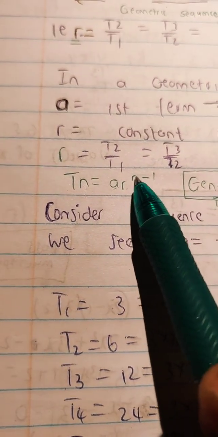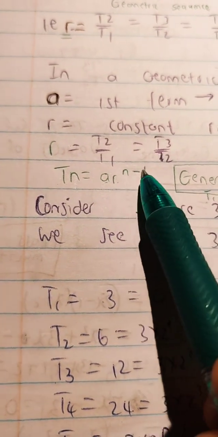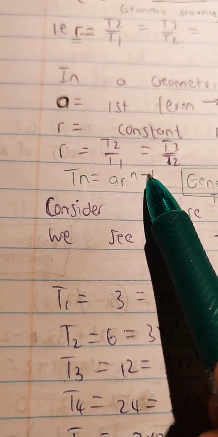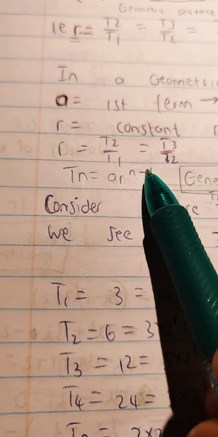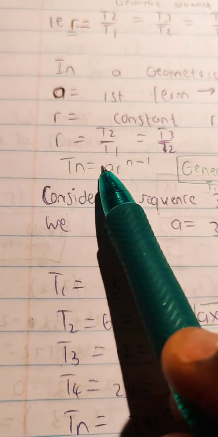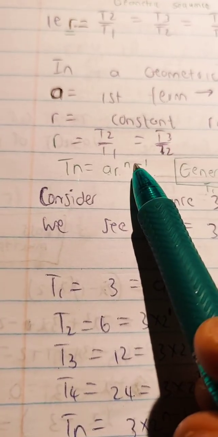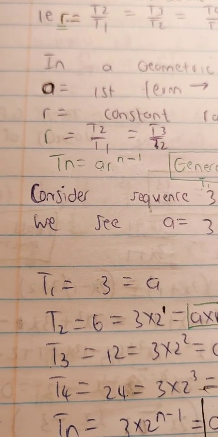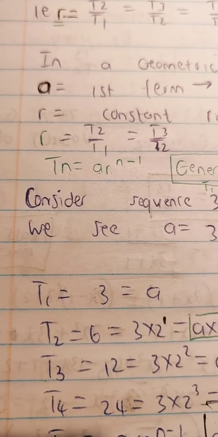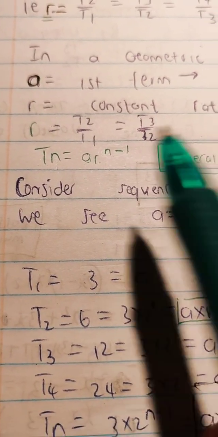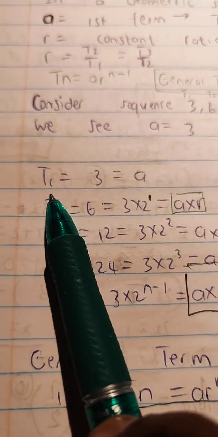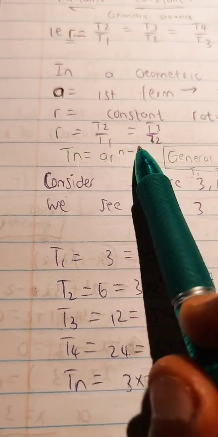And guys, we all know what 1 minus 1 is there in the exponent. 1 minus 1 there in the exponent means 0 in the exponent. So term 1 would be AR to the power 0. But guys, we know that a base raised to the power 0 is simply equal to 1. So term 1 truly in terms of A and R for our general term of the geometric sequence is A.